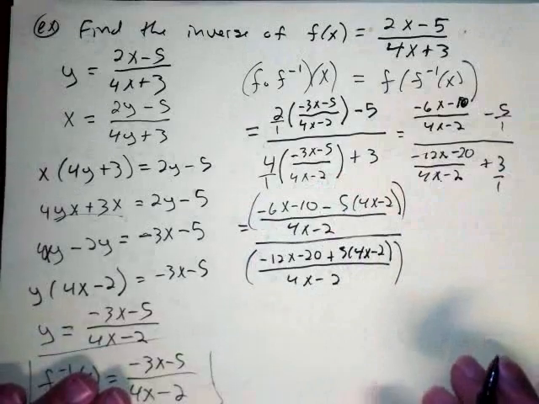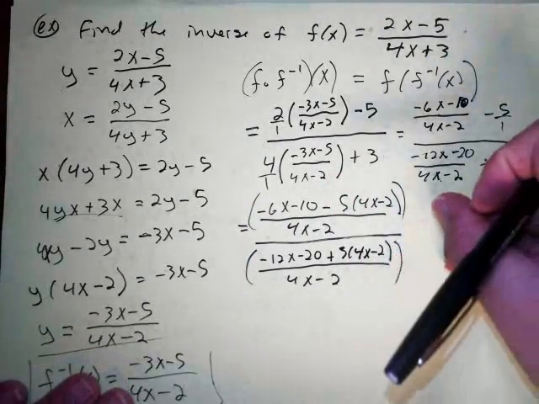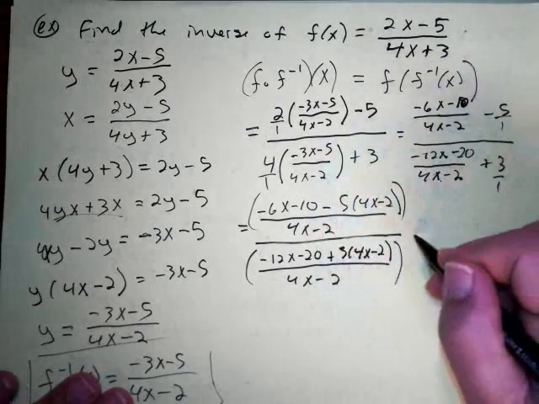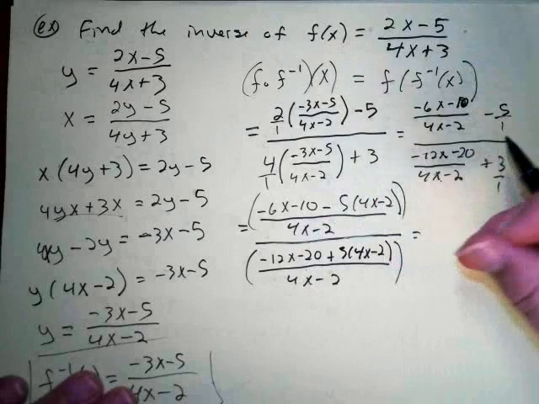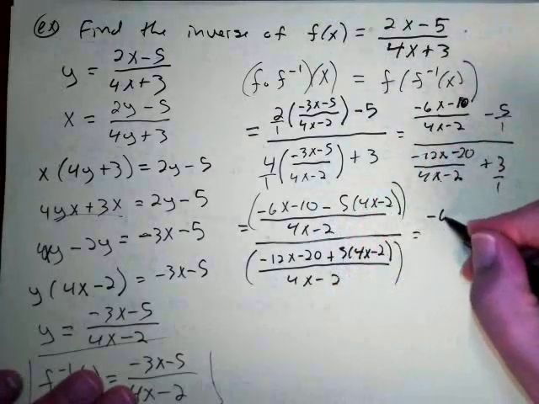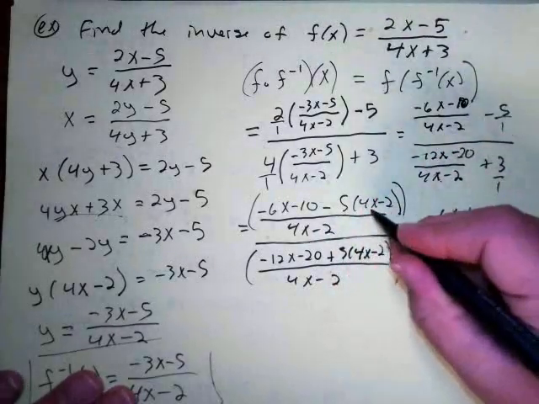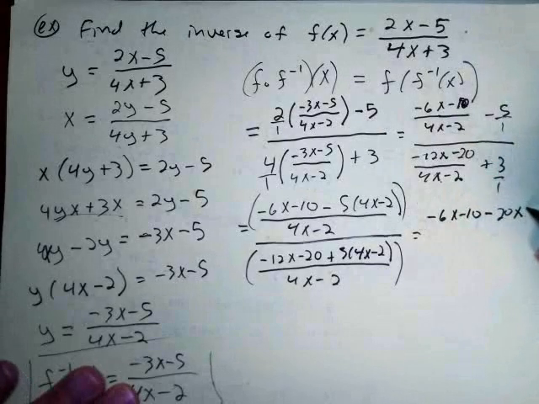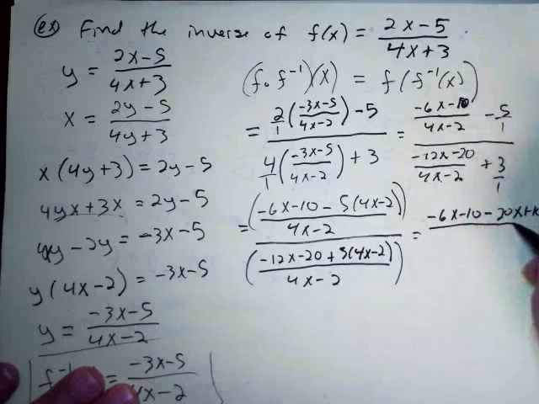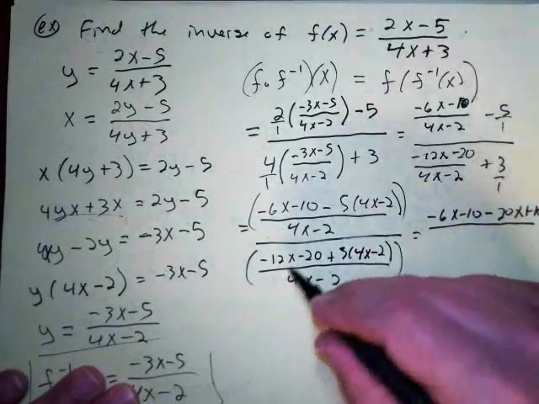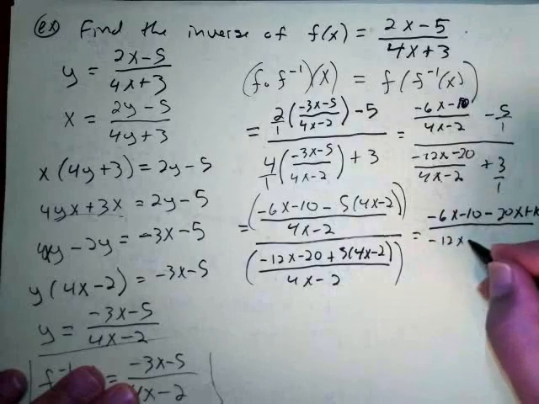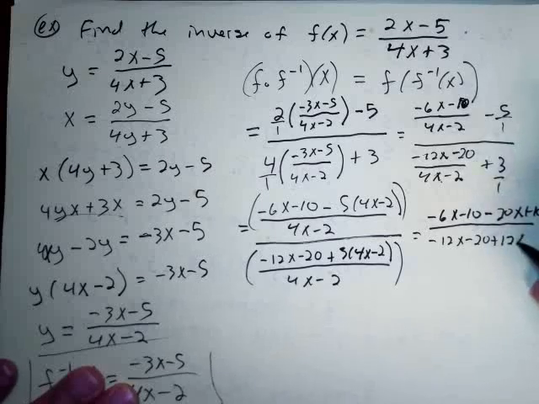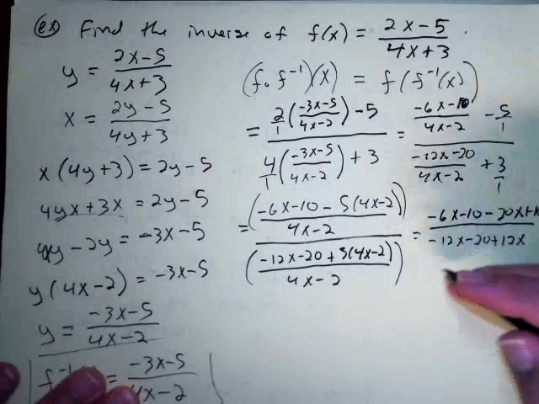Now I'm going to invert this and multiply, but then the 4x minus 2 is going to cancel out. So if I invert and multiply, I get negative 6x minus 10, and I'm going to distribute that 5 over as well, minus 20x plus 10, all over the bottom, which will be negative 12x minus 20 plus 12x minus 6.